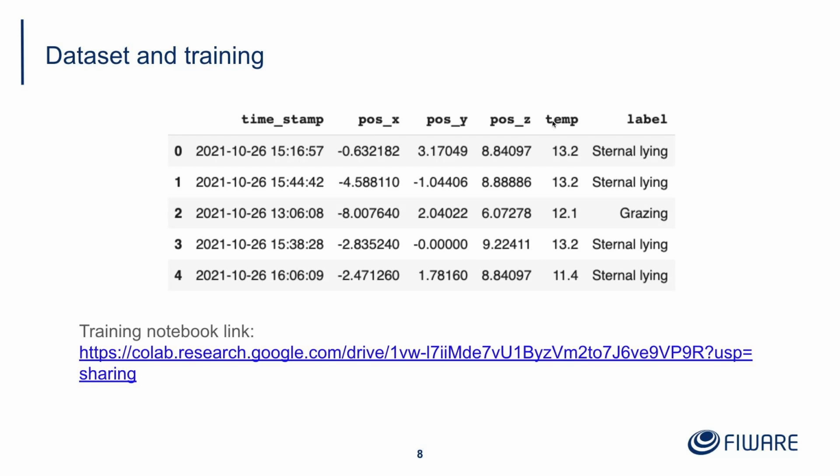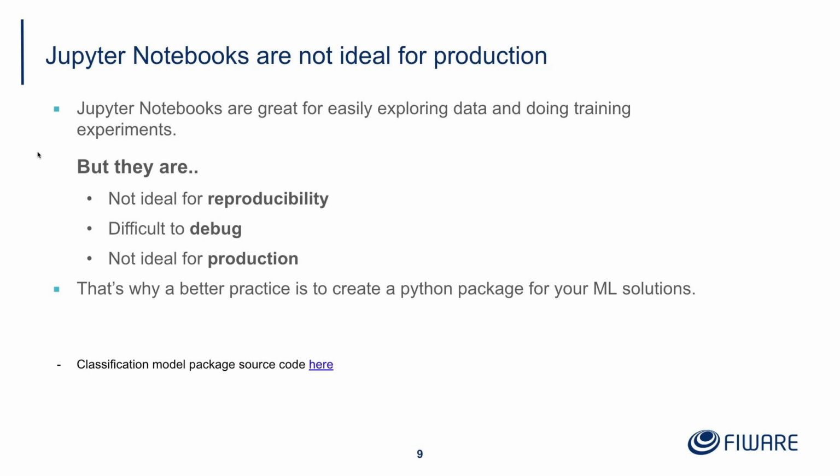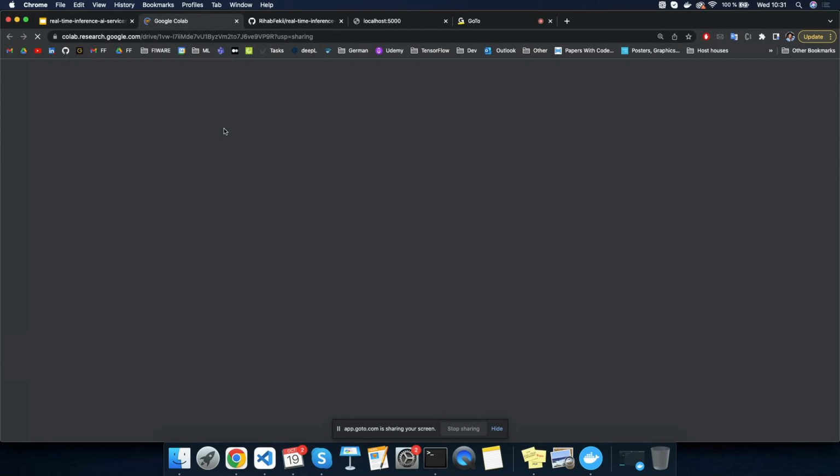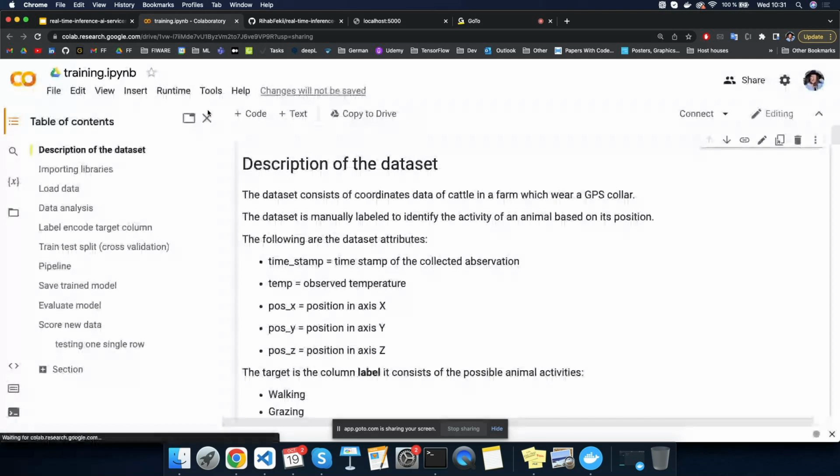Here temp stands for temperature, and our target column, or our label, is the animal activity. So let's have a look right now into the training notebook and the different steps of training.